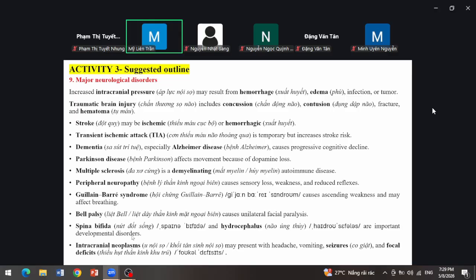Intracranial neoplasms present with headache, vomiting, seizures, focal deficits. Neoplasms, u nội sọ. Kèm theo là nhức đầu, ói mửa, co giật, thiếu hụt thần kinh cục bộ.